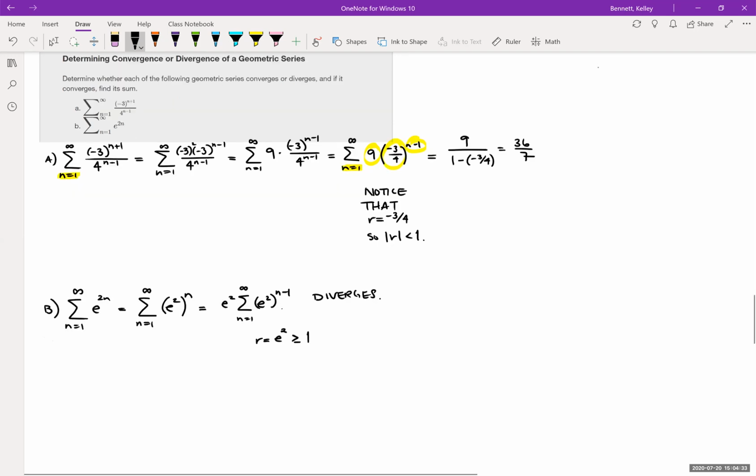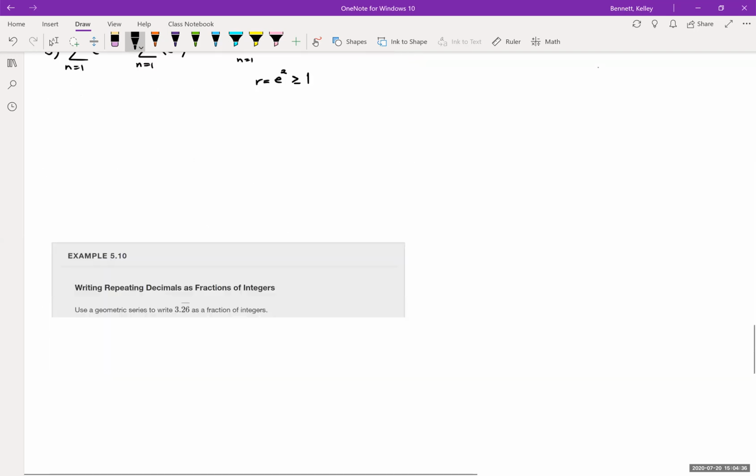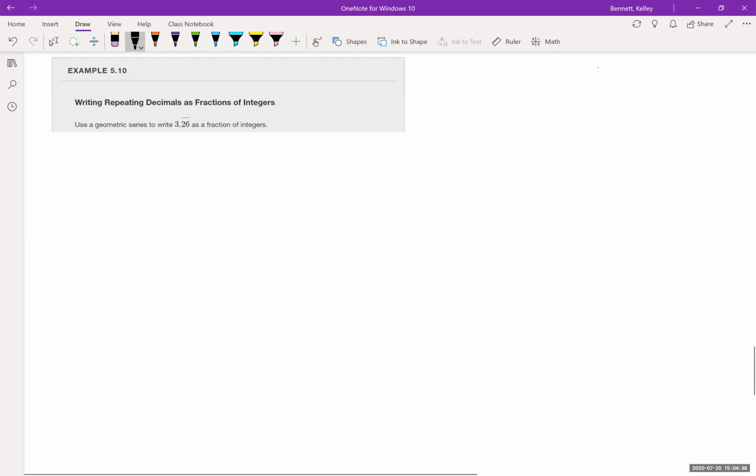Okay, another super fun problem to do is writing a repeating decimal as a fraction of integers. So this may seem kind of out of left field, but it fits in nicely with the geometric series in the following way.